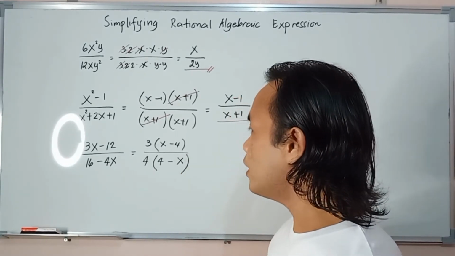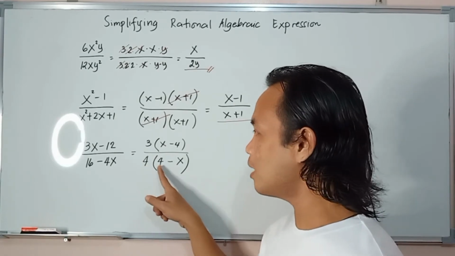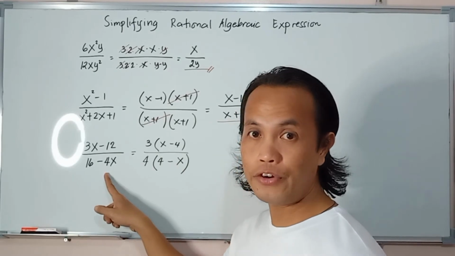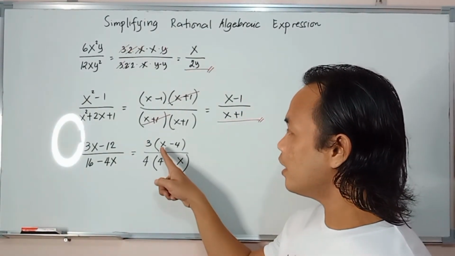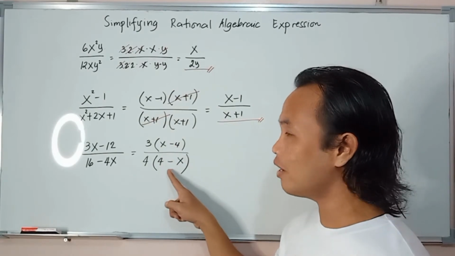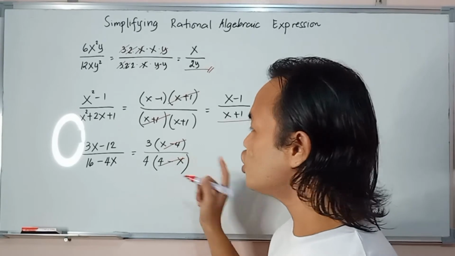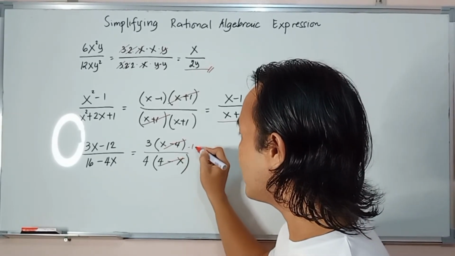So, when we distribute this 4 to the terms inside the parentheses, we have 4 times 4 is 16, and 4 times negative x is negative 4x. Afterwards, since we have x minus 4 and 4 minus x, we can cancel this out, but this shall become negative because this is equal to negative 1.